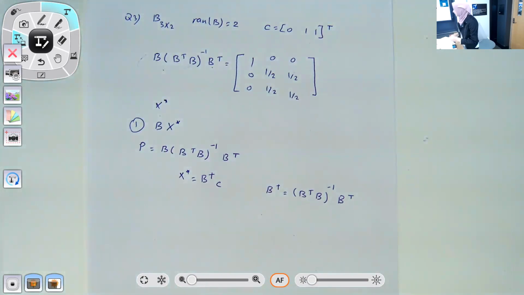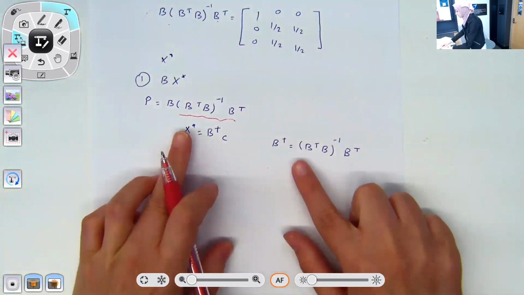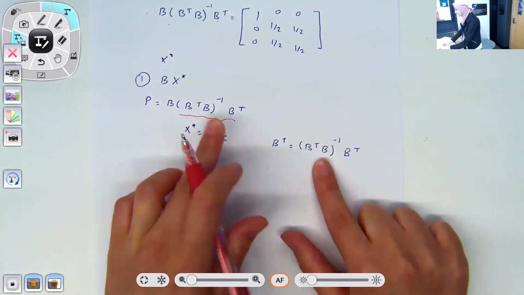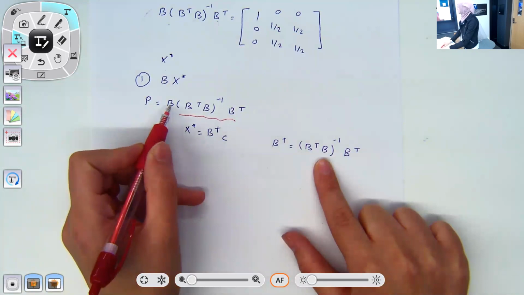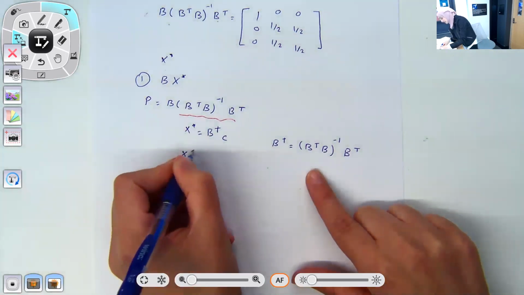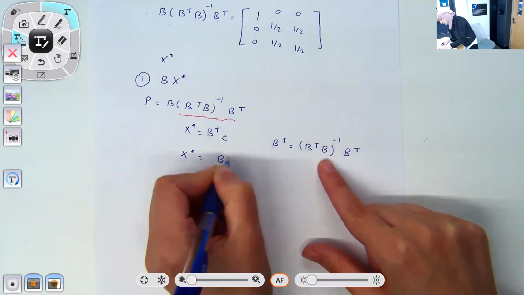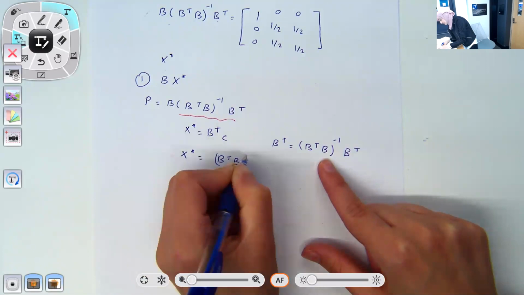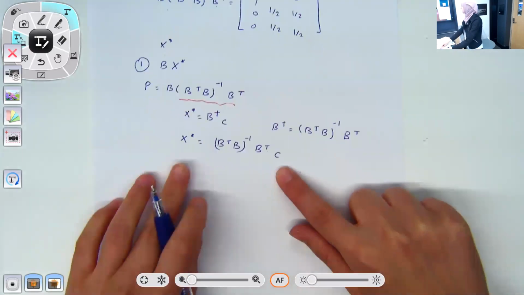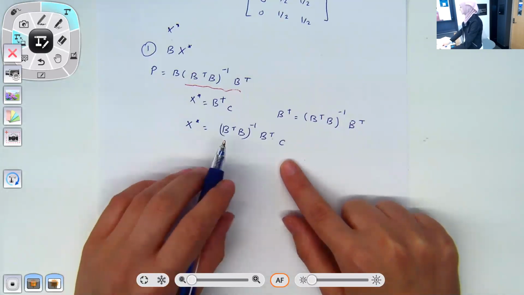So we just need to substitute. X star equals (B transpose B) inverse multiplied with B transpose, and all of this multiplied with C. I just substituted the value of B dagger.